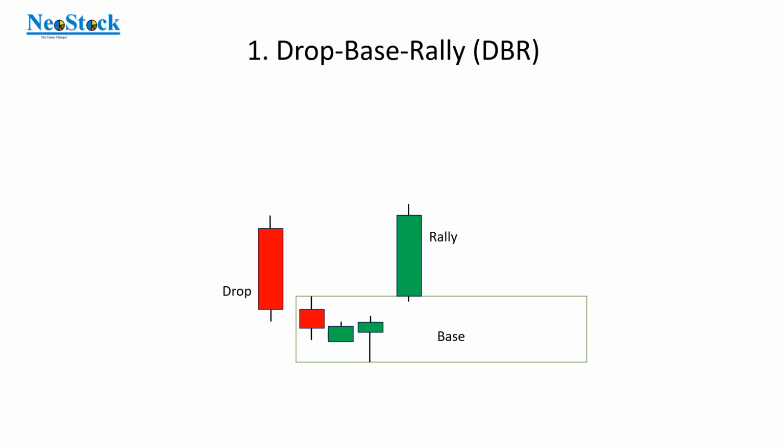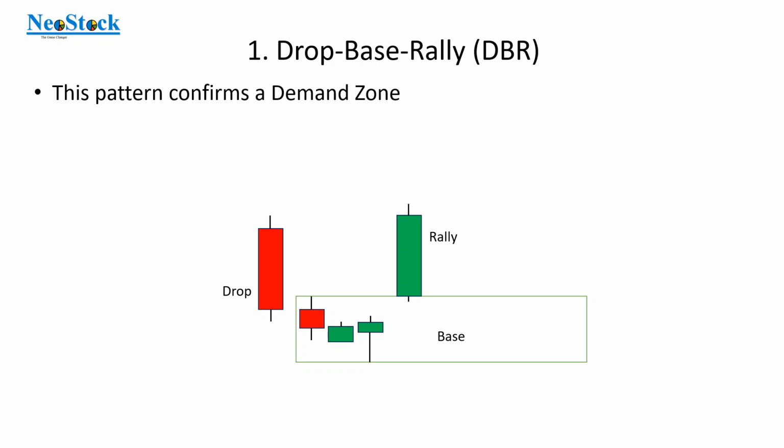That's why this pattern is named drop base rally. Always remember, if your leg-out is a rally candle, it always indicates a demand zone. That's why this pattern is a demand zone.